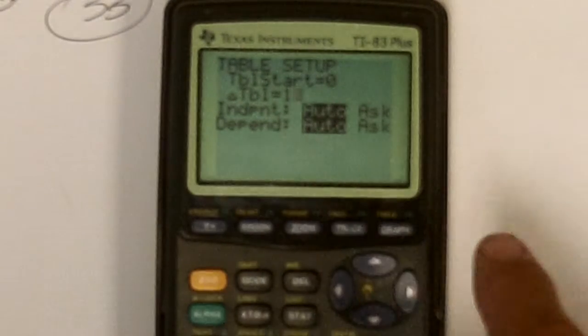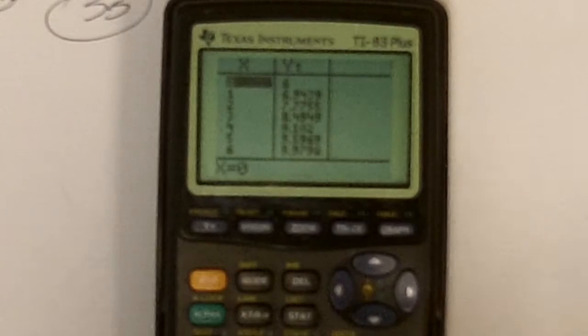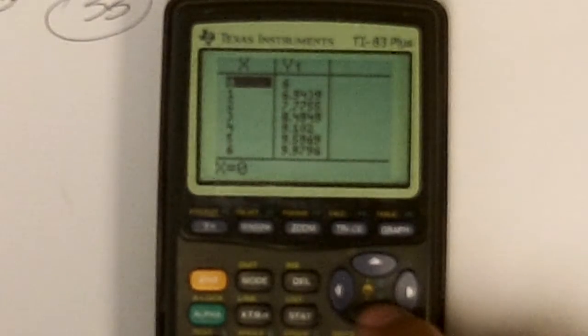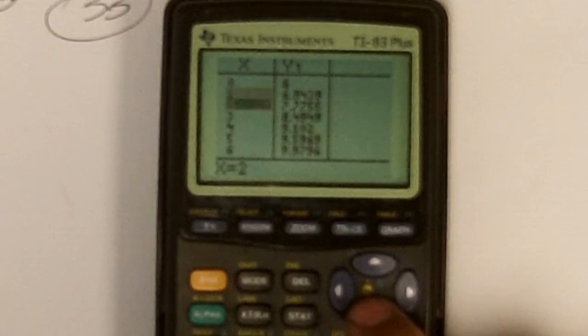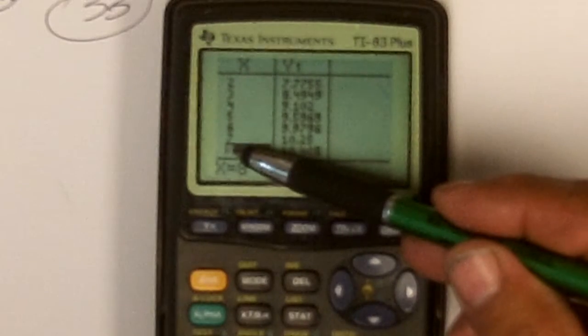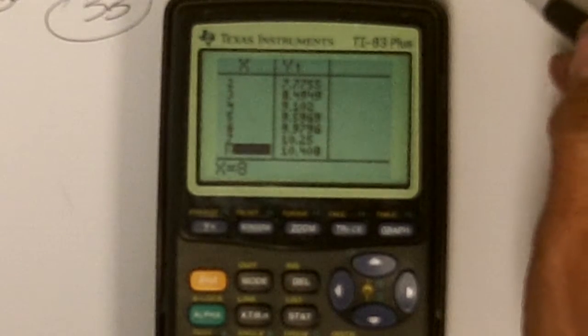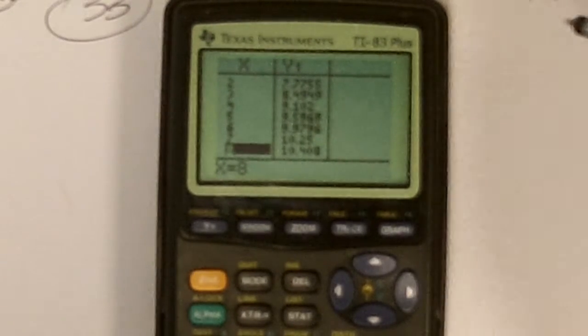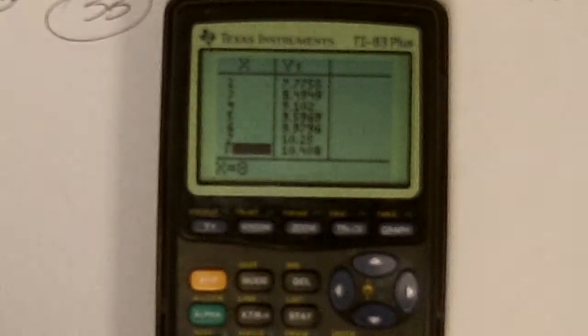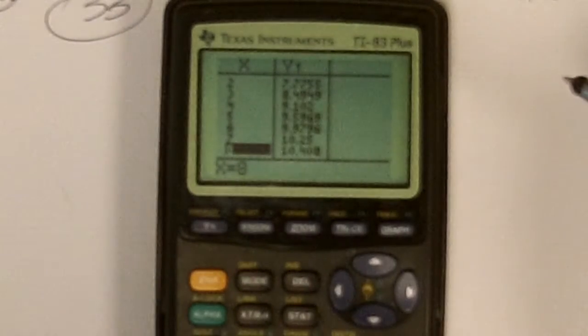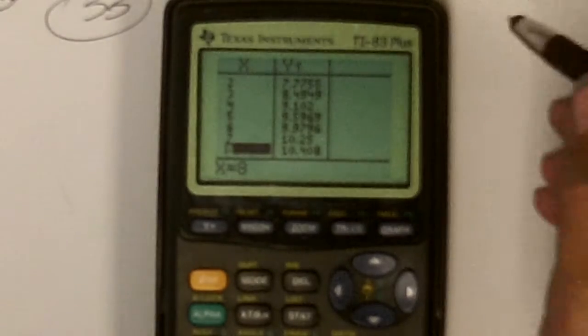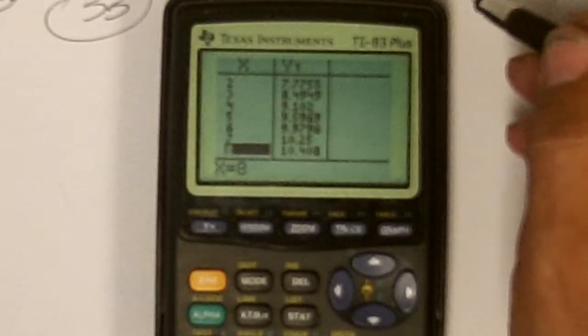If I leave it on auto and go to the table, it will tell me at 0 feet it's 6 feet high, and then it goes up and up, and at 8 feet it's 10.40. You can also do this without the table by just plugging 8 into the equation for x and solving it. But that's at 8 feet. That's A.